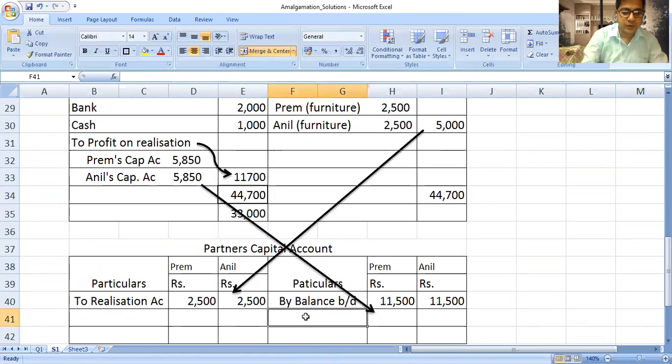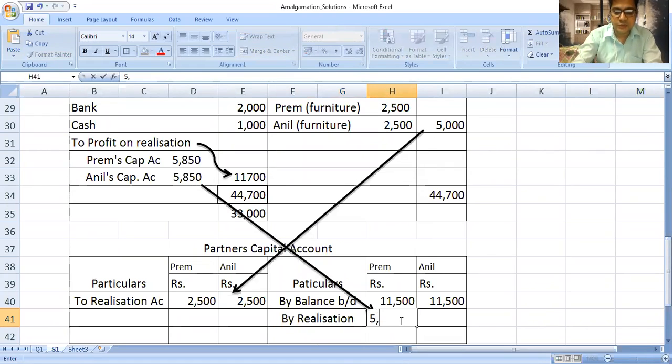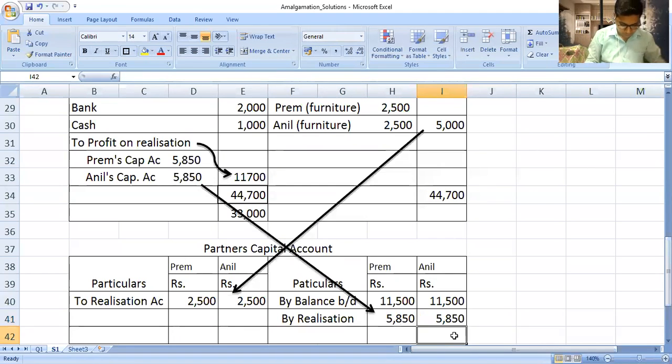So here we have to write "by realization". It is a profit, and we have to record Prem's share 5,850 and Anil's share 5,850. Yes, I hope you understood what is going on.